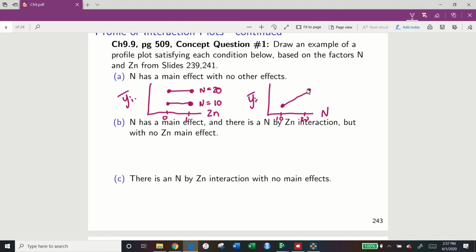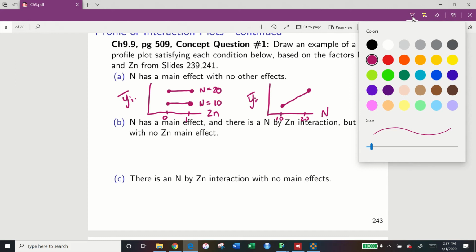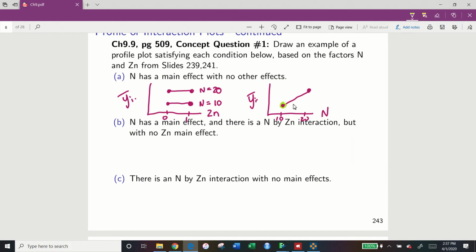Because zinc has no effect, our 2 lines are right over top of each other, for both when zinc was at 0 and when zinc was at 1. And now that finishes part A. Let's move on to part B.